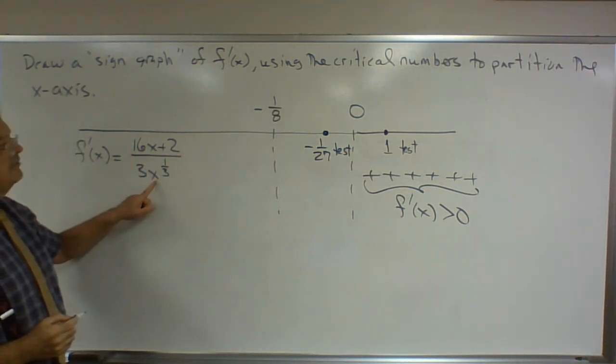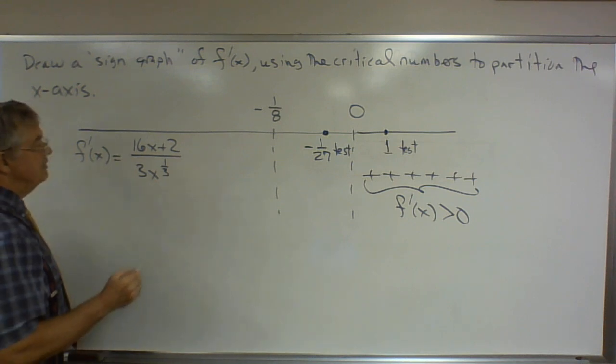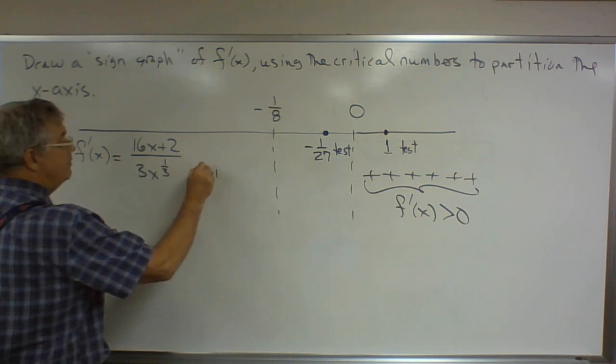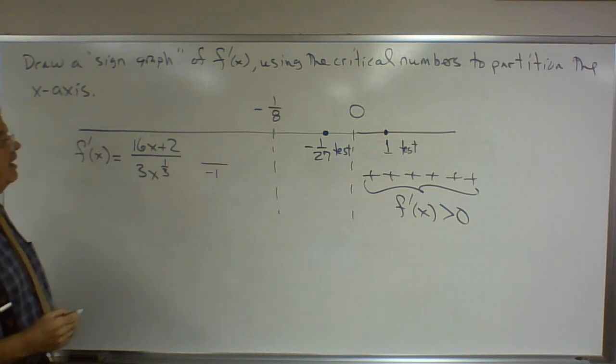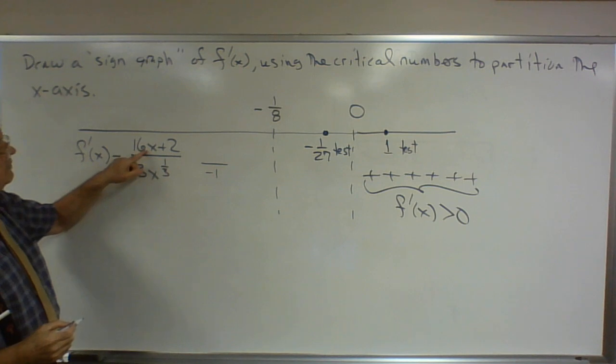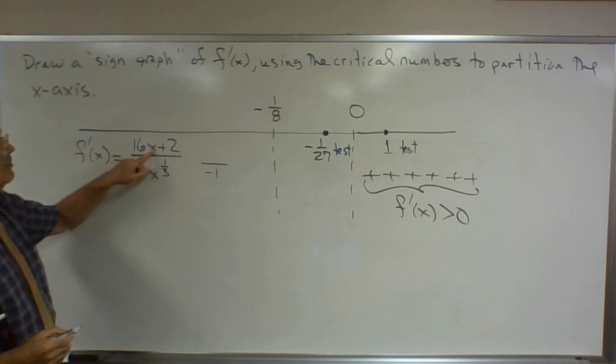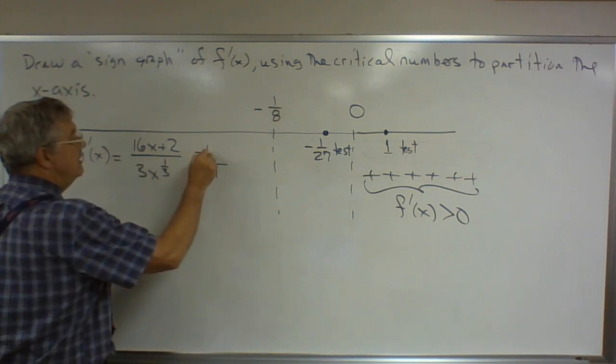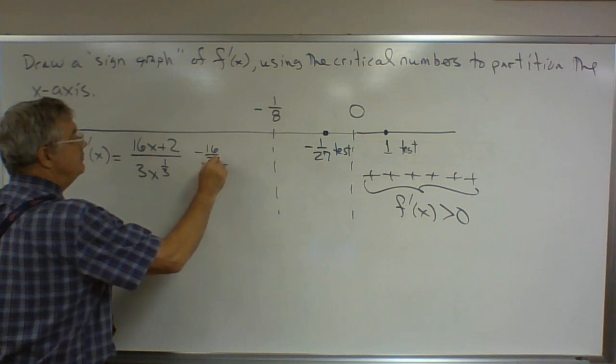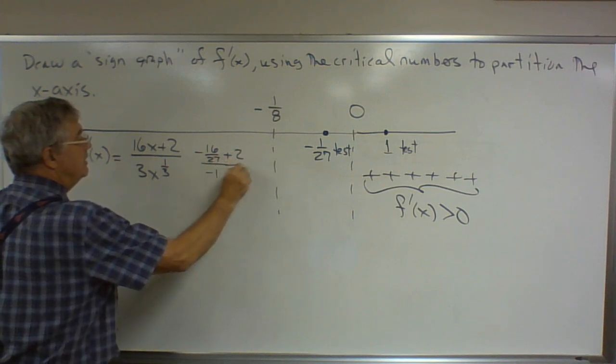Okay, cube root of -1/27 is -1/3 times 3 is -1. 16 times -1/27 is -16/27 plus 2.